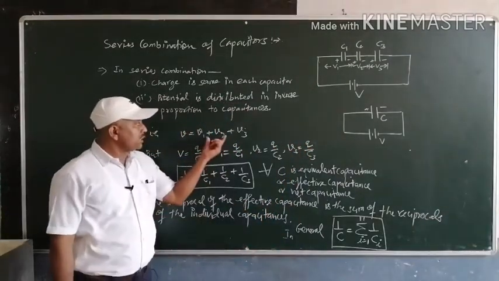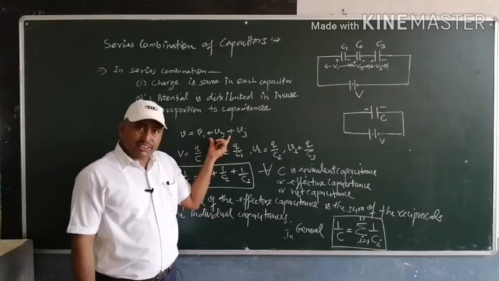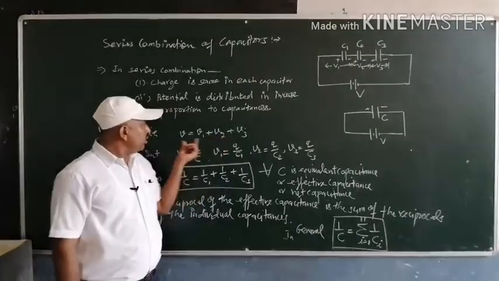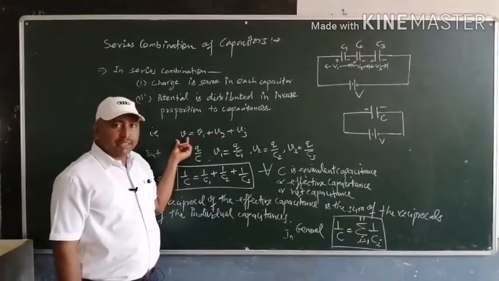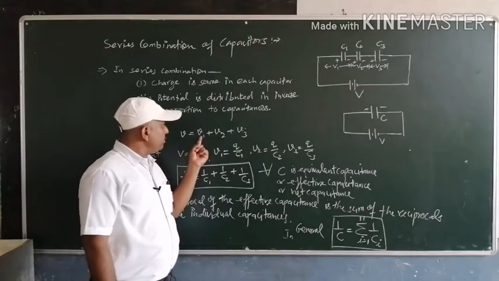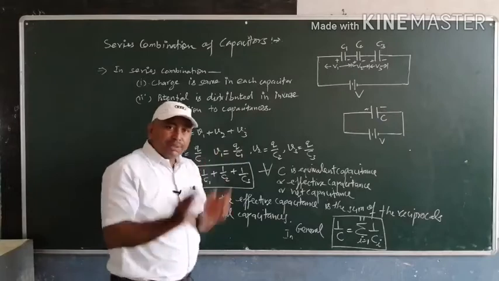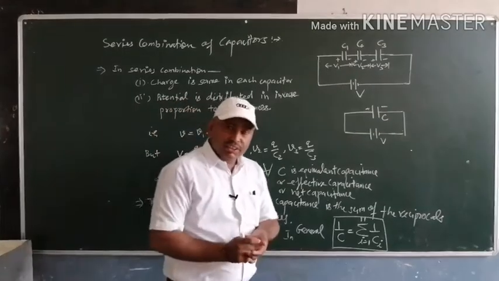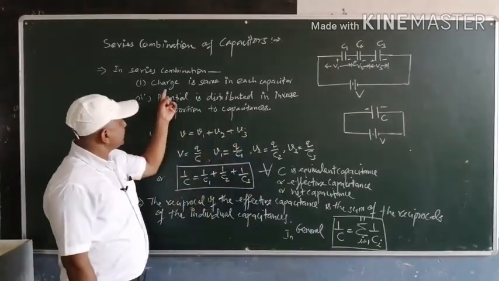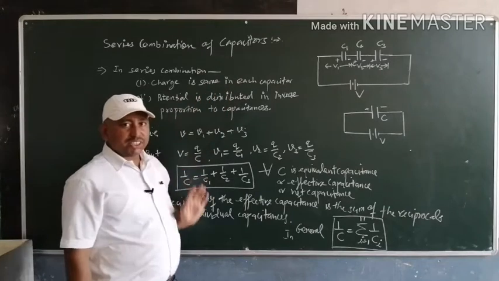It means the total sum of the potential across the capacitors will be equal to the potential supplied by the battery. It means V equals V1 plus V2 plus V3. Since these capacitors are connected in series, the charge is the same in each capacitor.